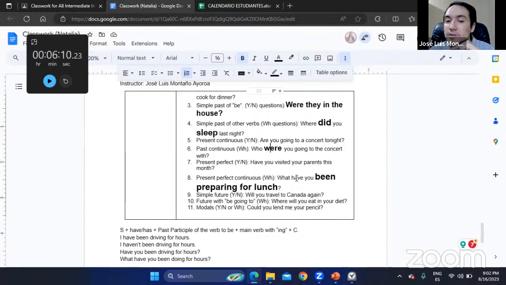You always use the conjugation in that tense. Here you use the verb to be in the past participle, because that's what the rule says. You use the auxiliary, the verb to be in the past participle, and then any other verb with ing. You have to be careful only with those conjugations. If you know those three or four, the rest is always the base verb. It's not going to change.